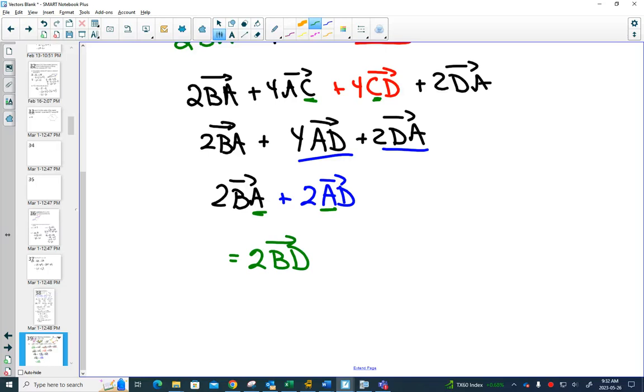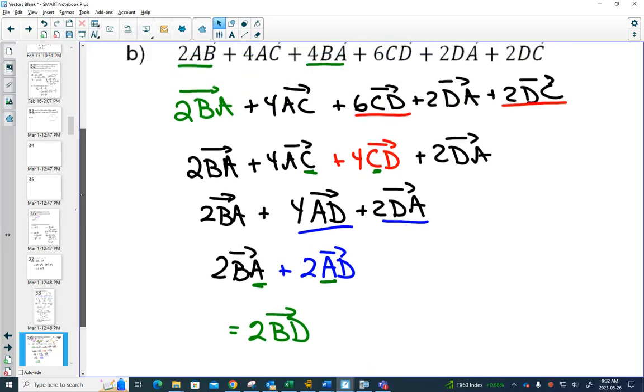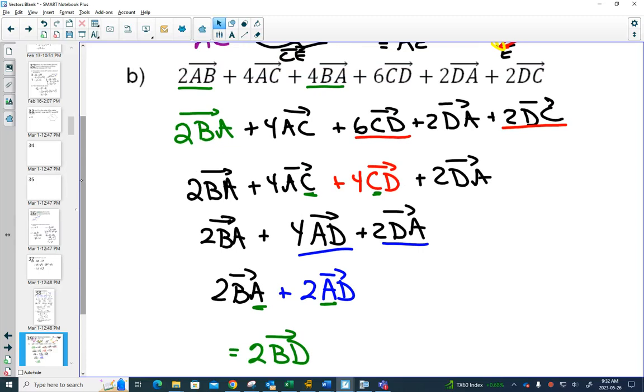And again, the order that we did this does not matter. I found ones that were the same that simplified. I wouldn't have had to do that. Maybe you wanted to see what would go together nicely here at the beginning. There's DA and AC, the DA and the AB. You could do those two together right away.